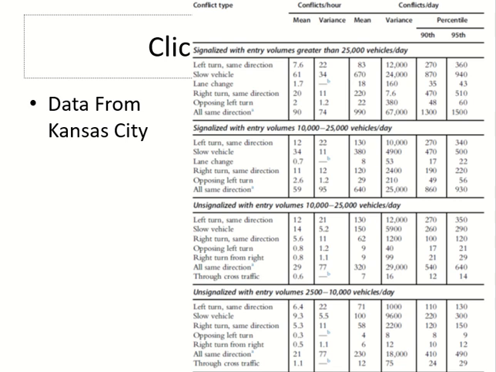In this reference group, these types of conflicts are happening at this rate. So the mean is given, the variance is given. Conflicts per hour, conflicts per day. So this is the rate of conflict I was talking about. If you took the total for, let's say, 5 hours, then you will do the total divided by 5. Okay, so what is the mean and the variance?